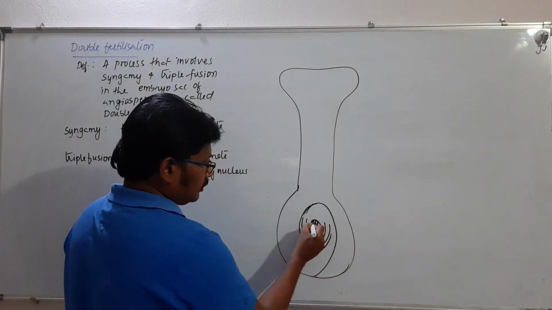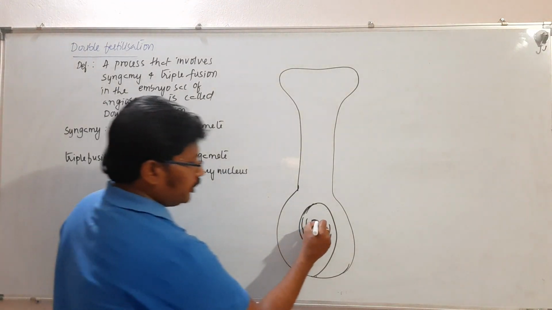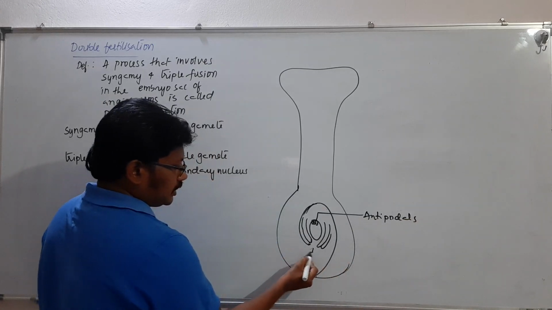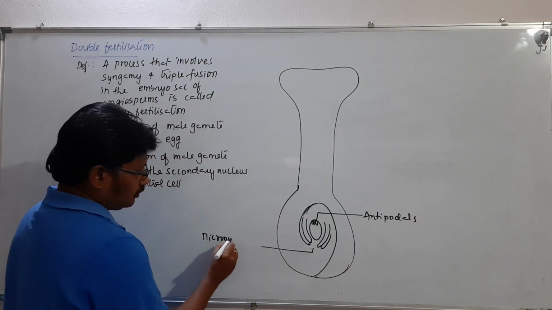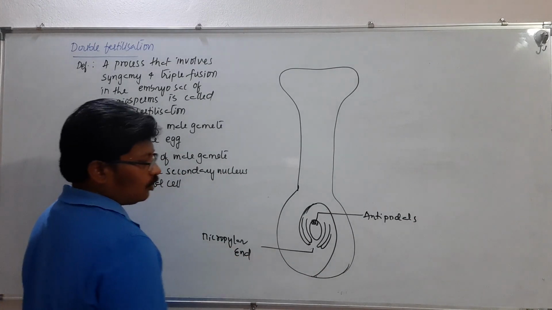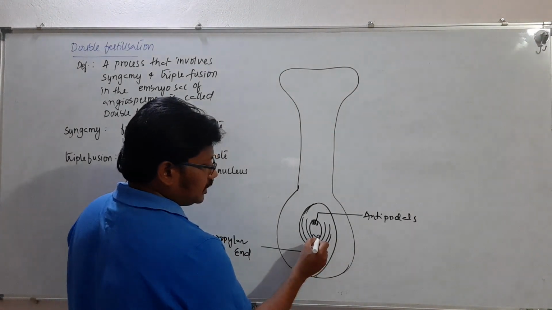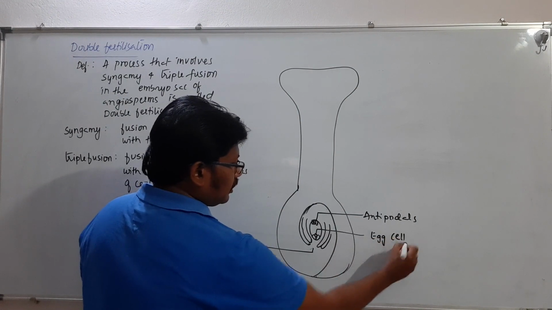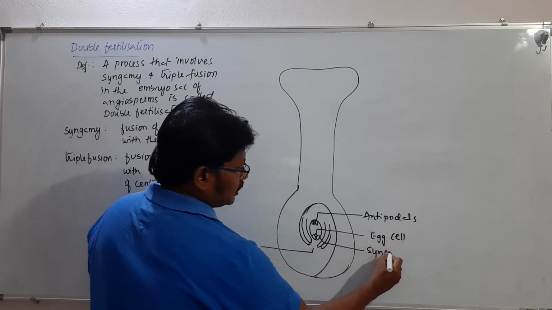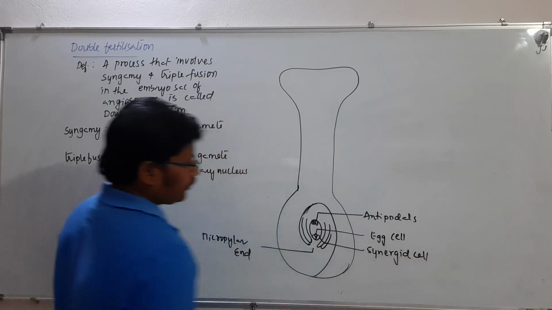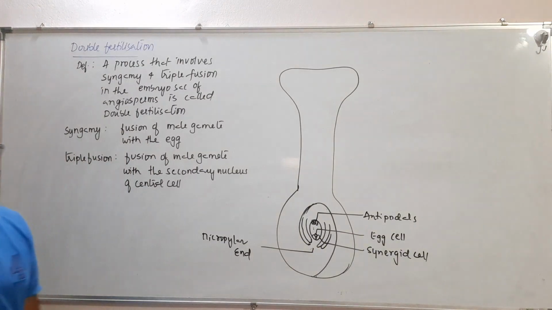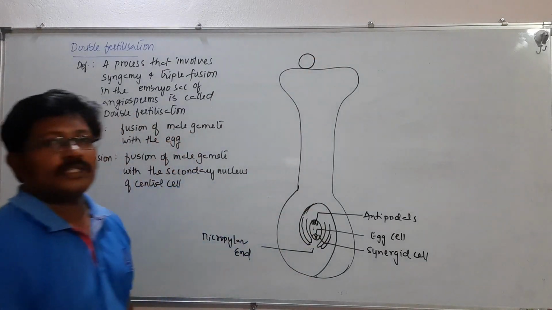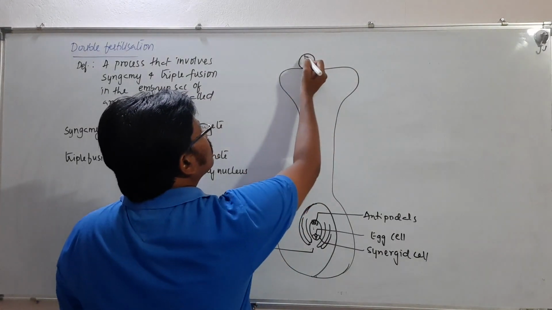So you may find here this is the chalazal side, and we know these are the antipodals, and this side is the micropylar end, and here you will find the synergids and the egg. So here is the egg cell, and these are synergid cells, and you may find here the two polar nuclei.